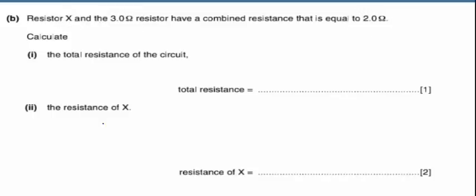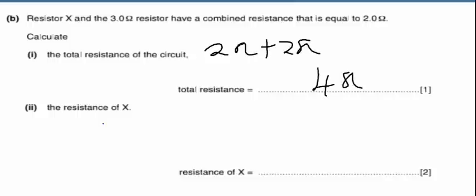So we can say 2 ohms plus 2 ohms. Then we are going to get 4 ohms. This 4 ohms is the total resistance of all of them, including those two connected in parallel and also the one connected in series.